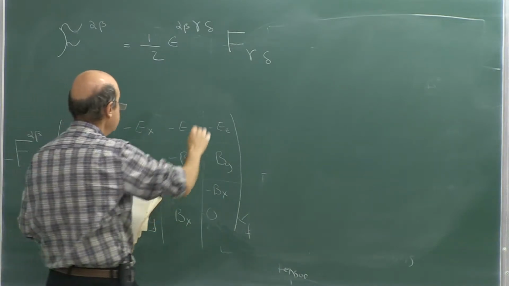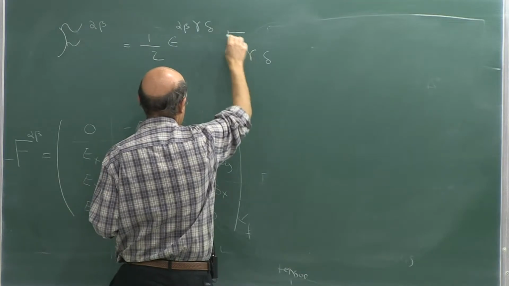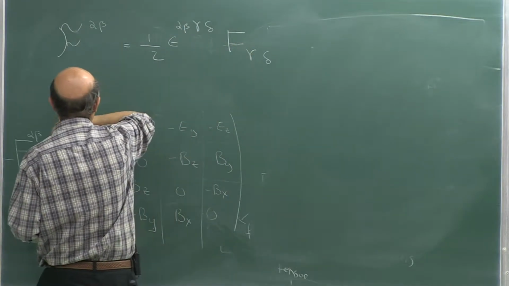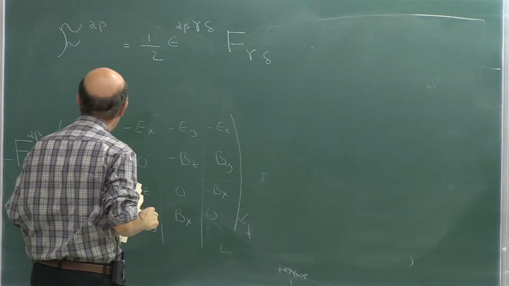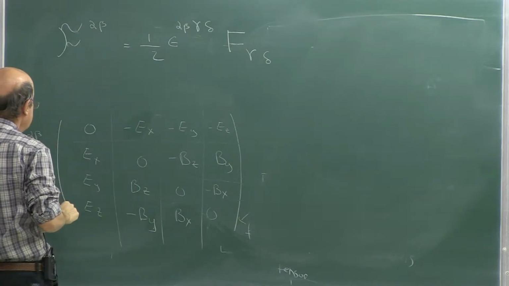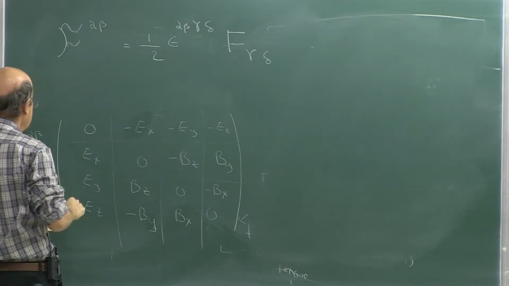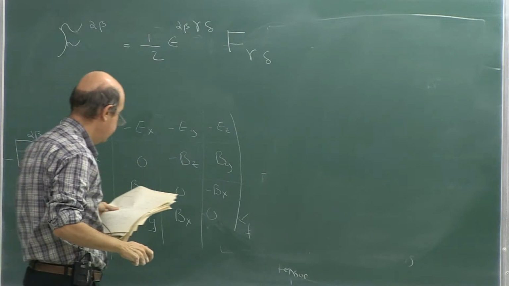So basically if you sum up these 0, 1, 2, 3, you will have a free second rank tensor with the components alpha beta.